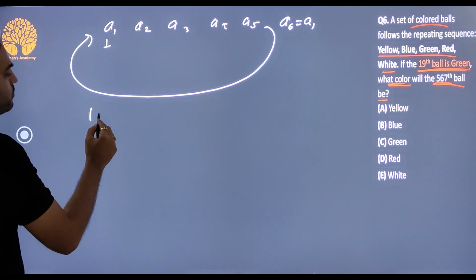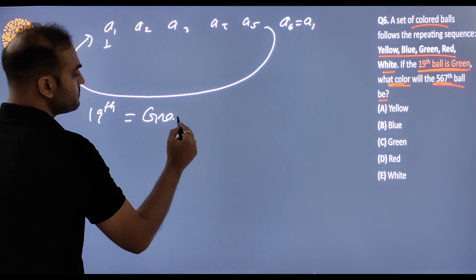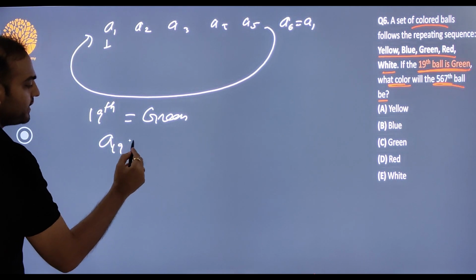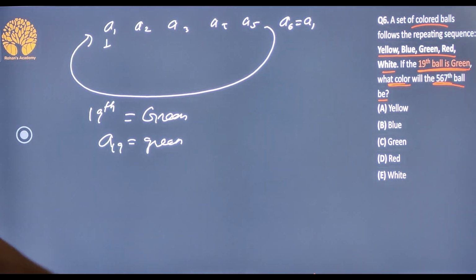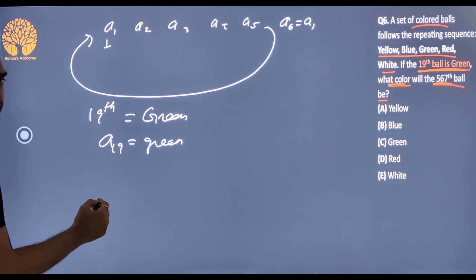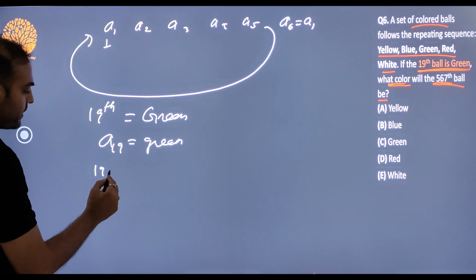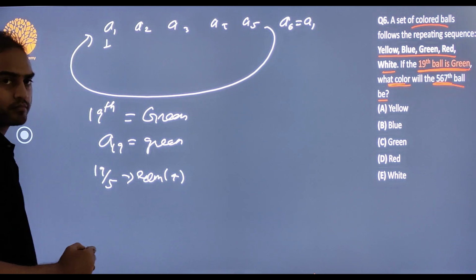So if I know the 19th ball is green, that means A19 is green. I know the common difference is 5. If I simply divide 19 by 5, I get remainder 4.